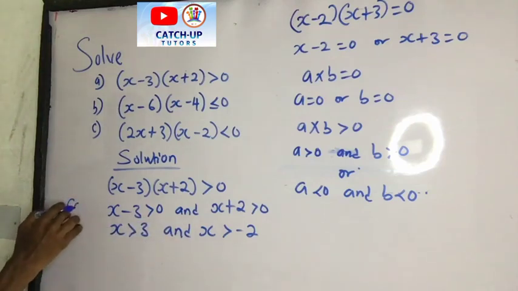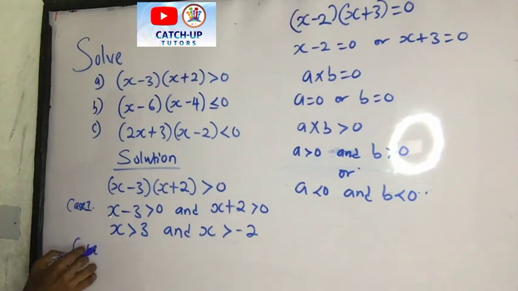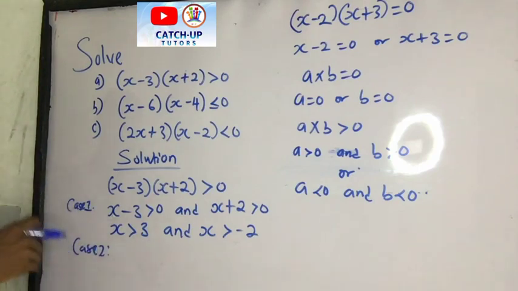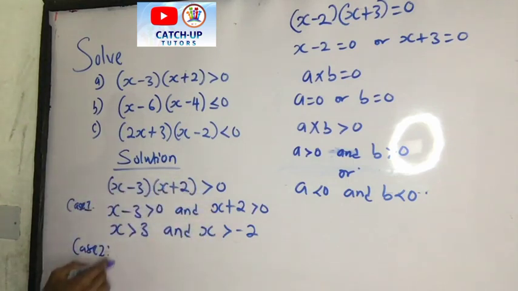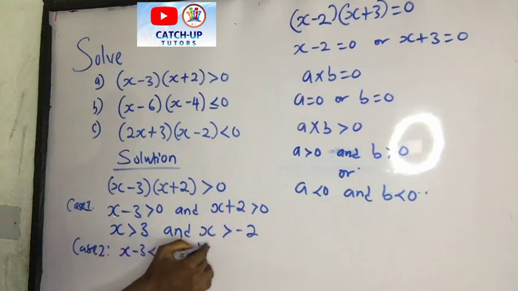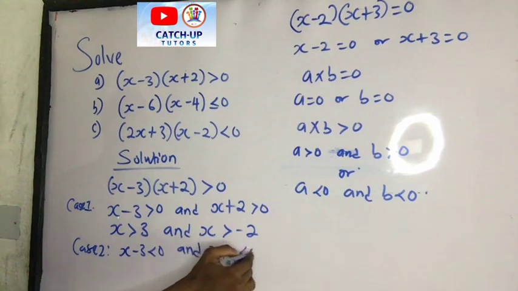Now for case 2, we consider both numbers to be negative, because the product of two negative numbers, as I've said before, will give us a positive as well. So x minus 3 less than 0 and x plus 2 less than 0.